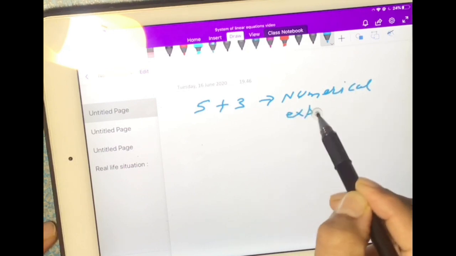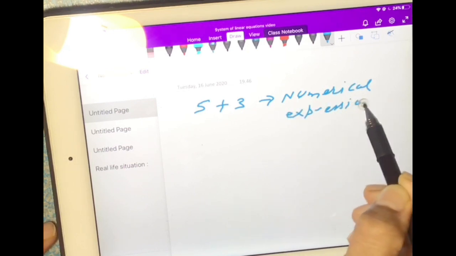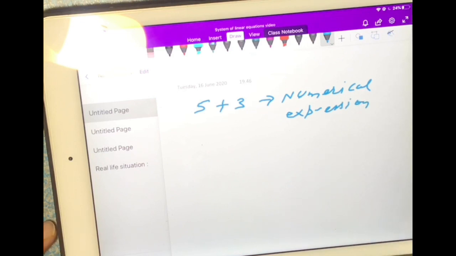Now, if I say that a student has some erasers and some pencils in his or her bag, I don't know how many erasers or pencils he or she has in the bag.